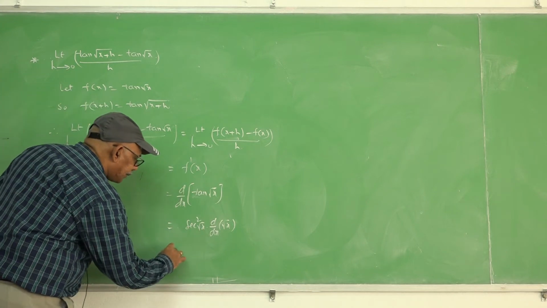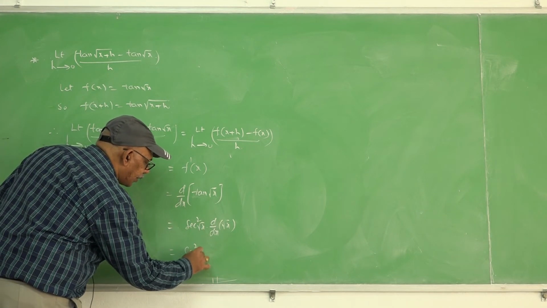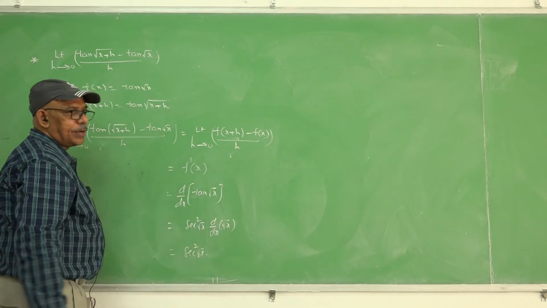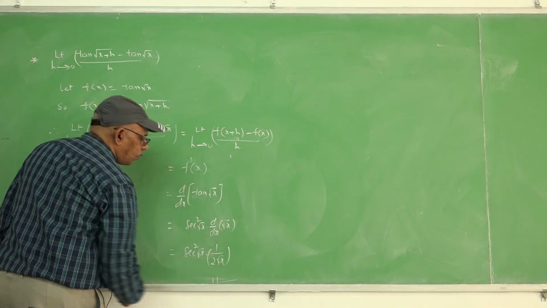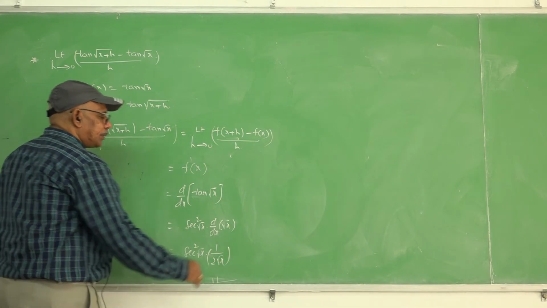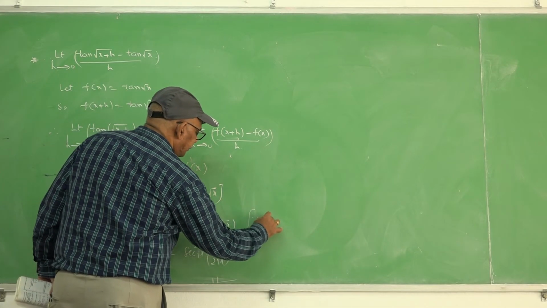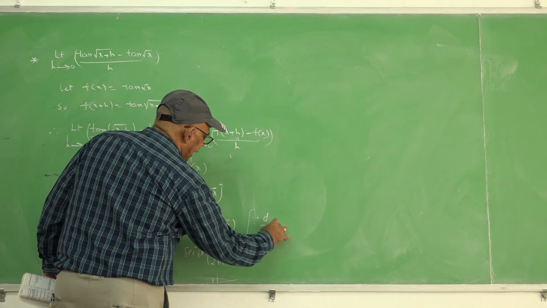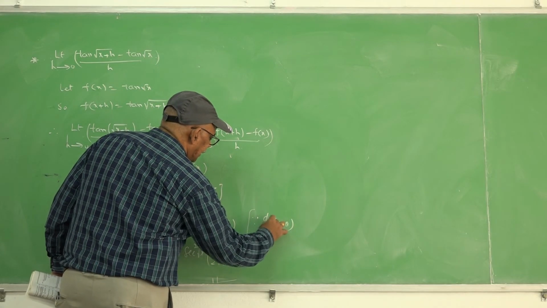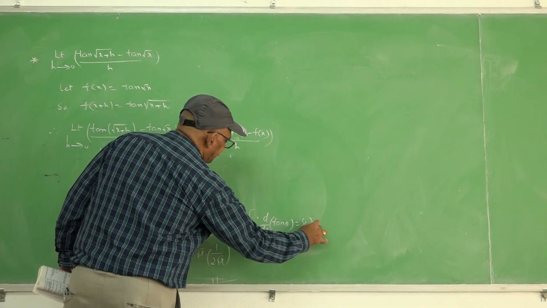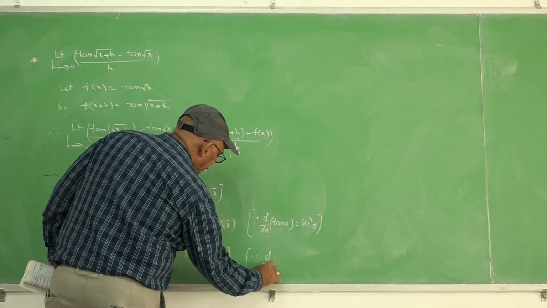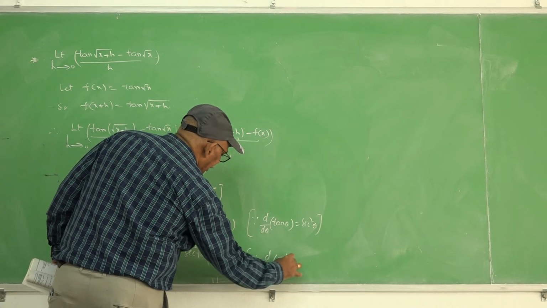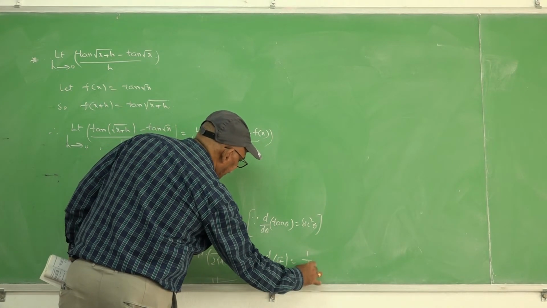So that is secant square of root x into the derivative of root x, which is 1 by 2 root x. Since d by d theta of tan theta is secant square theta, and the derivative of root t is 1 by 2 root t.